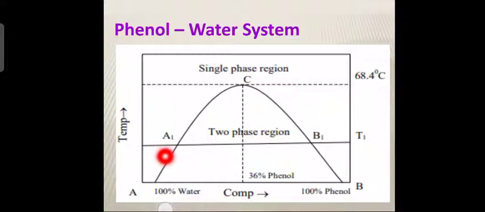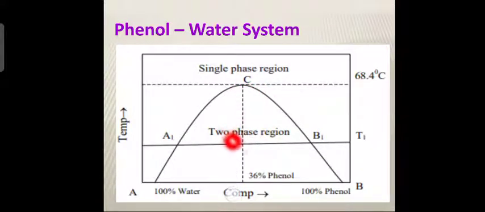When you decrease the percentage of water, or in other words increase the percentage of phenol, the mutual solubility goes on increasing. At one composition the mutual solubility is maximum, the miscibility temperature is maximum, and that is called the critical solution temperature. This is the C point in the graph.